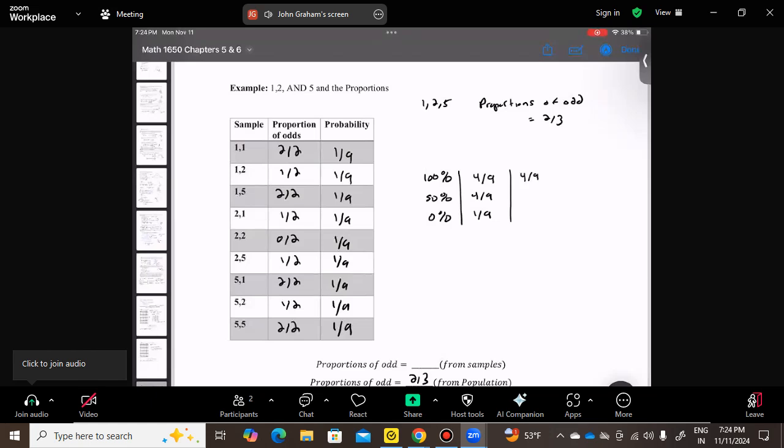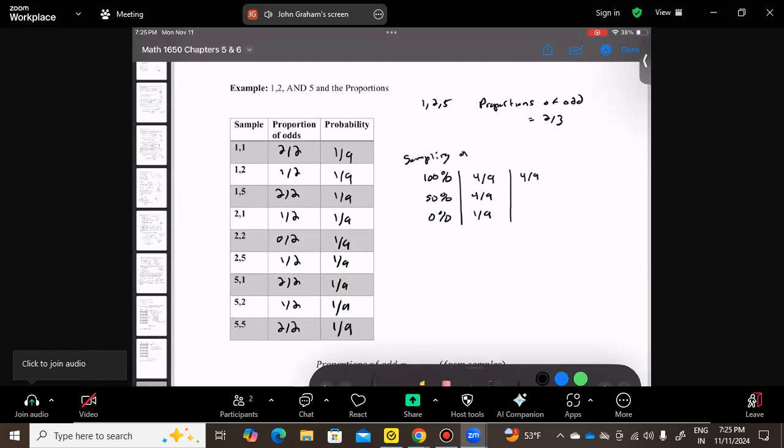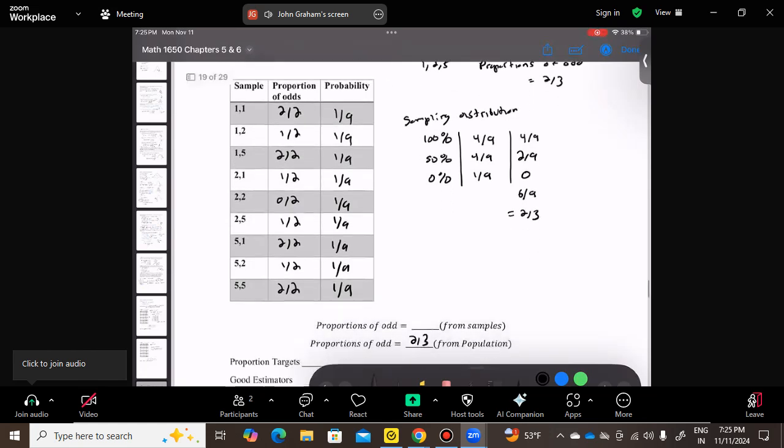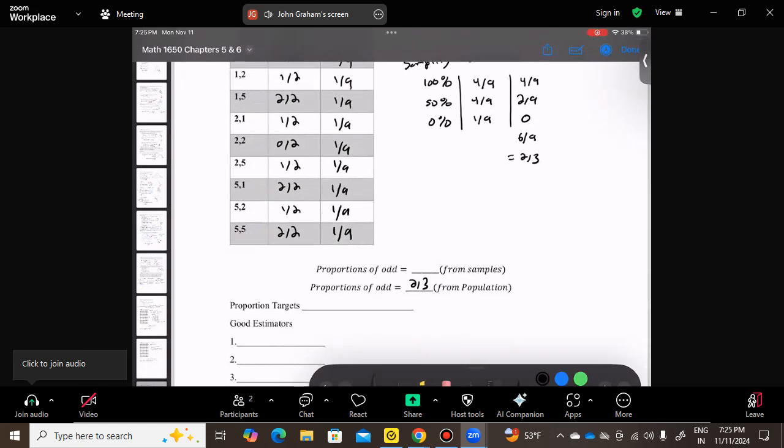This is your proportion sampling distribution. 1/2 times 4/9 is 2/9, and then 0 times 1/9 is 0. And when we add these up, we get 6/9, which breaks down to 2/3. Alright, so the proportion of odds from all samples is 2/3. The proportion targets the population proportion.